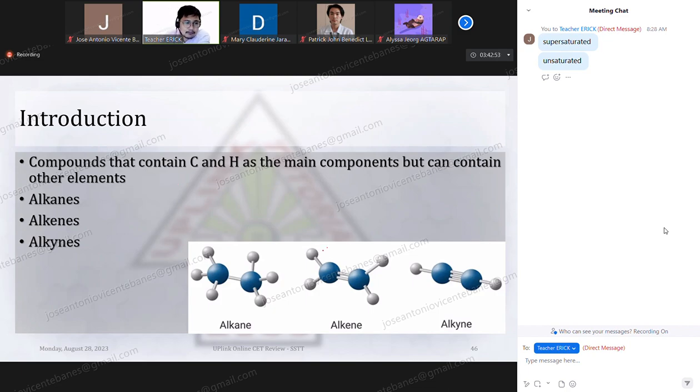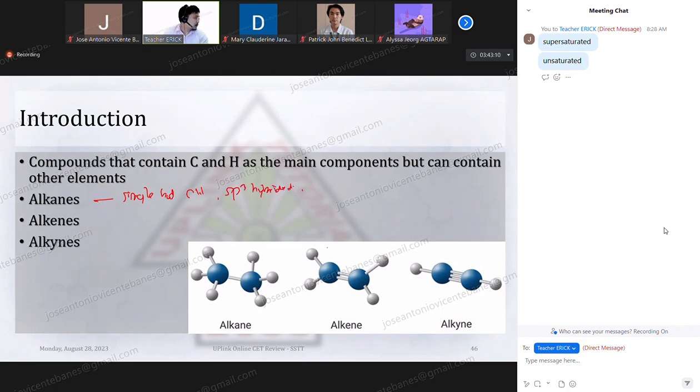Now, let's define first. The alkanes are basically your single bond carbon, CH bonds. And based on the hybridization, they are mostly the sp3 hybridized form.